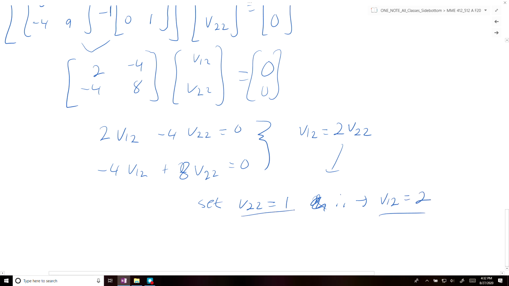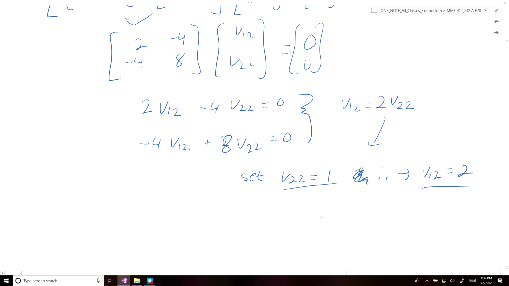Again, we want to create a unit vector for our eigenvectors. So we'll say that the eigenvector v2 would be equal to vector v2 divided by its magnitude.